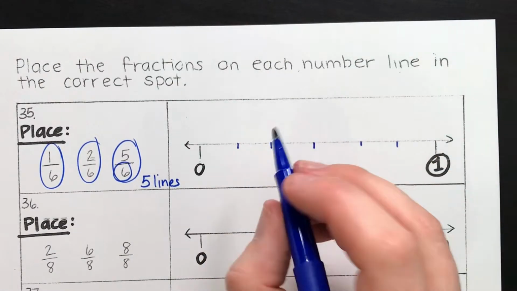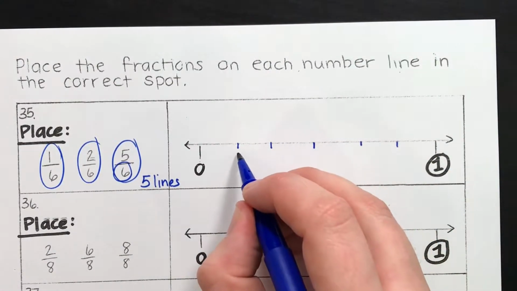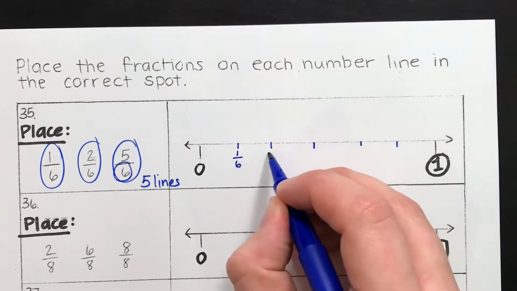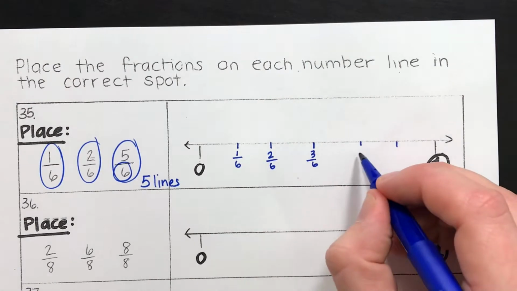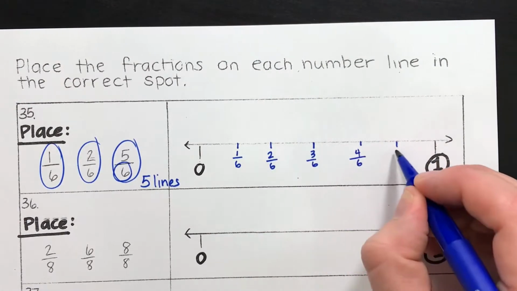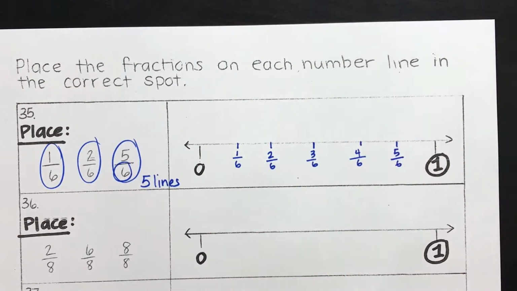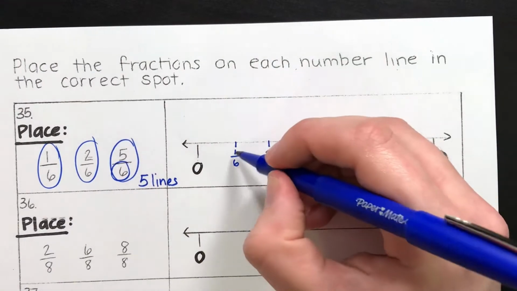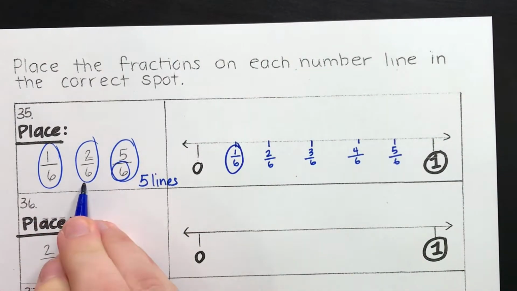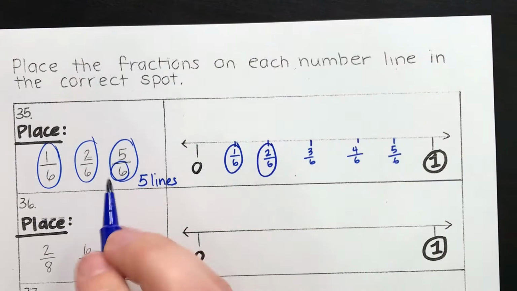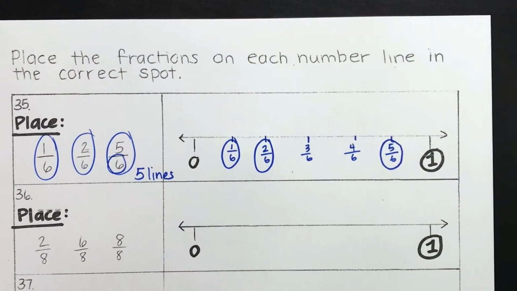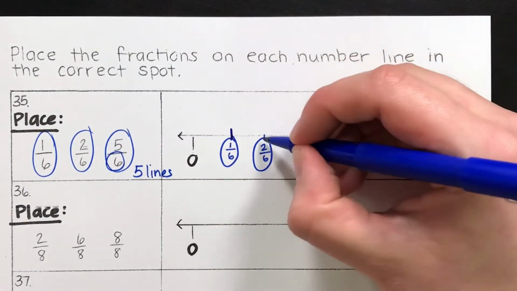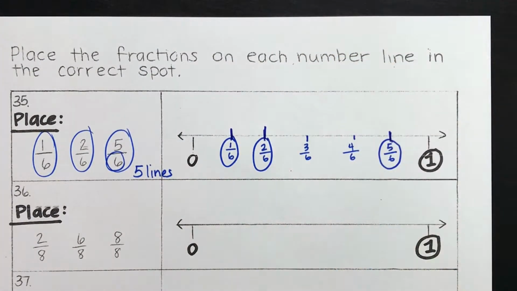So I like to label each one so I know exactly which ones I need to keep on there. So 1/6, 2/6, 5/6. There you go. Those are the correct placements, so your placement should be around those places.